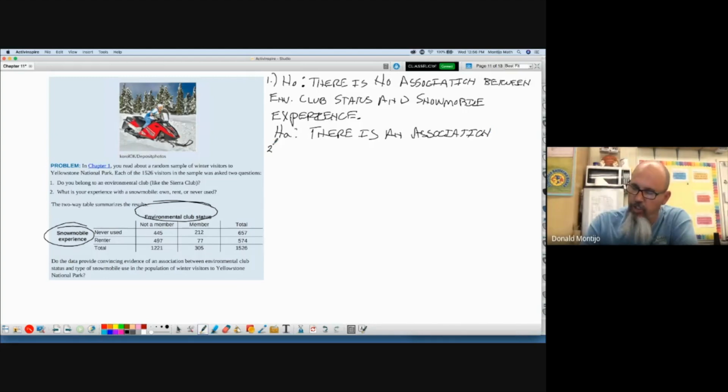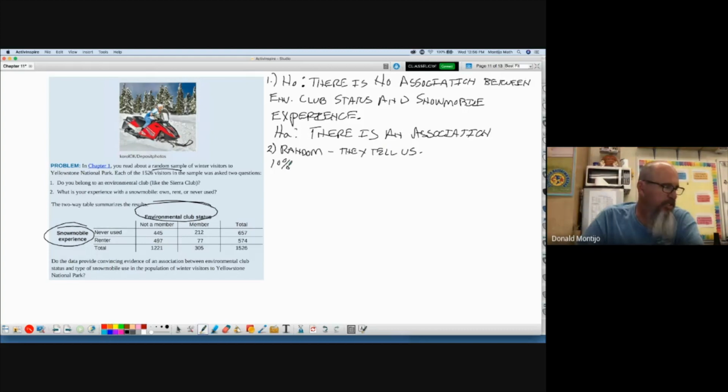Step 2, check conditions. Okay, random, I don't know. Yep, they tell us. It states at the very top that it was a random sample of winter visitors to Yellowstone National Park. All right. Next, 10% condition.